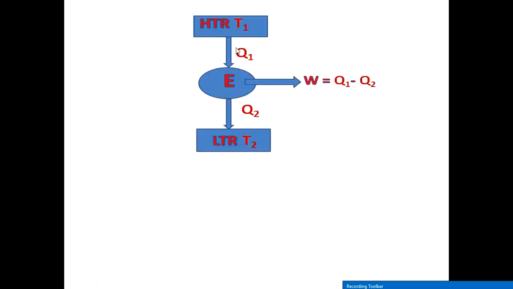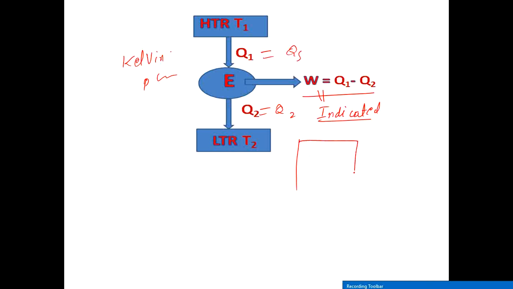This is the engine. It is consuming heat energy from the high temperature reservoir. That is the heat energy supplied, Q1, and it is rejecting Q2 according to Kelvin-Planck's statement. W is equal to Q1 minus Q2, that is work. This work done is equal to indicated power, the amount of work developed inside the engine cylinder.